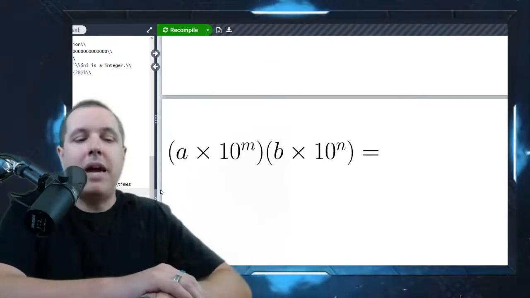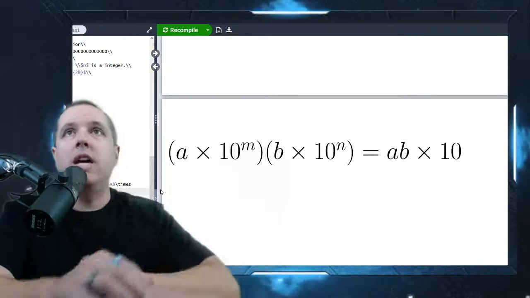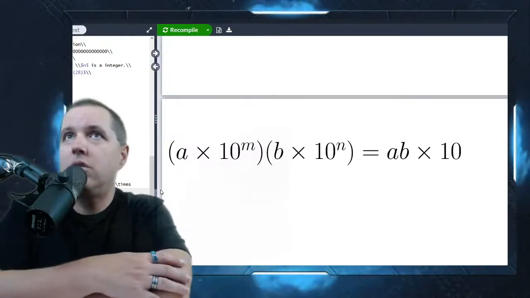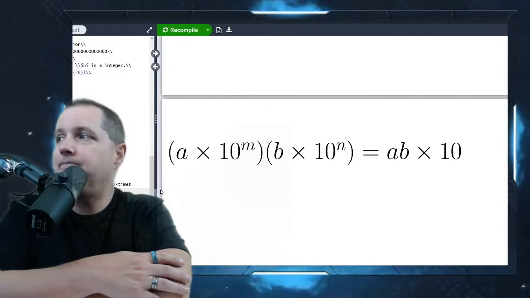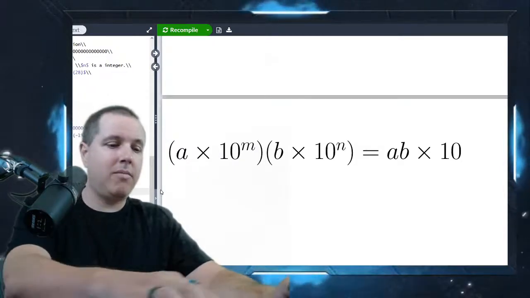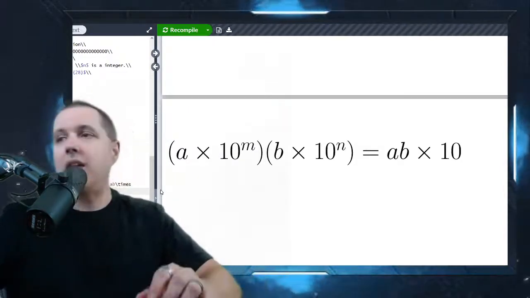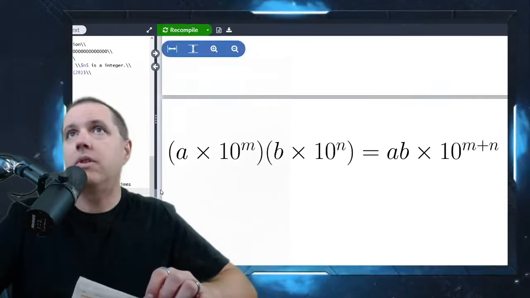And then think back to your exponent rules. What would 10 to the m times 10 to the n be? Do we remember? That's going to be 10 to the m plus n. You're going to add those exponents together. Okay?